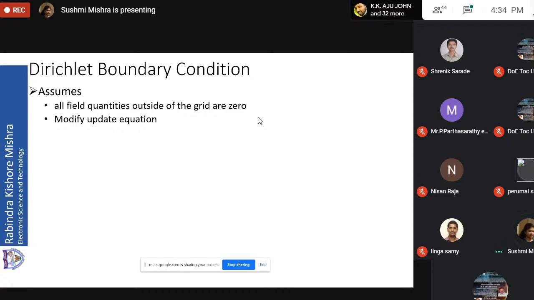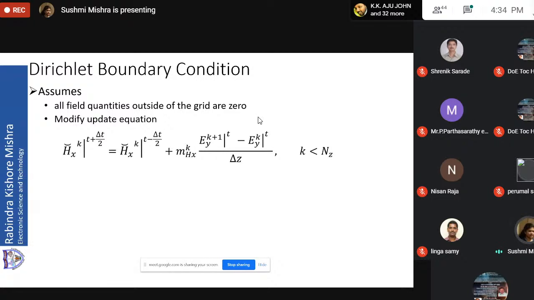Then we modify the update equations using this assumption. Using these assumptions, if we modify the update equations, we can see these four equations. These are the modified equations after assuming the Dirichlet boundary condition that outside the grid everything is zero.